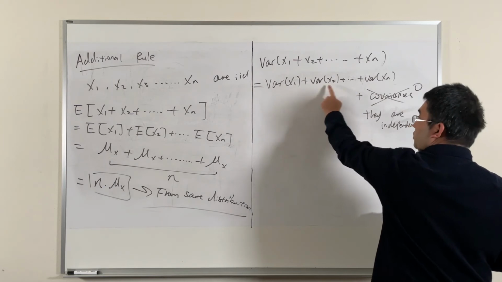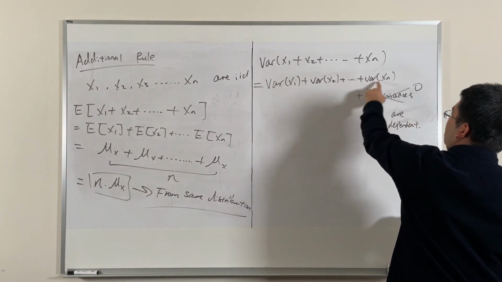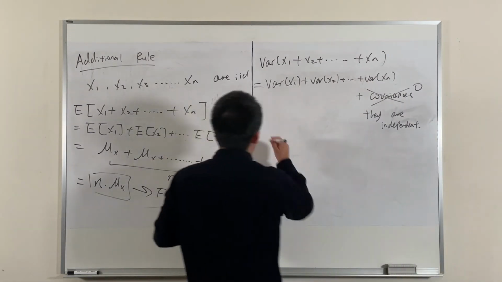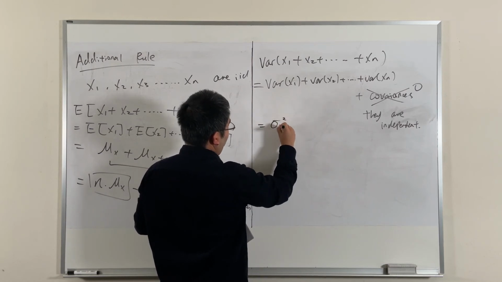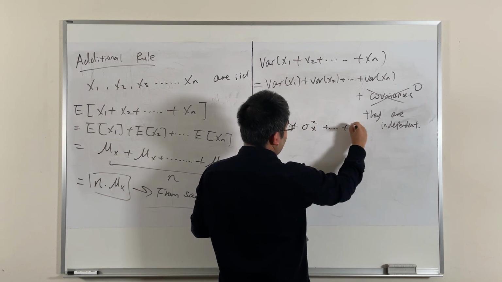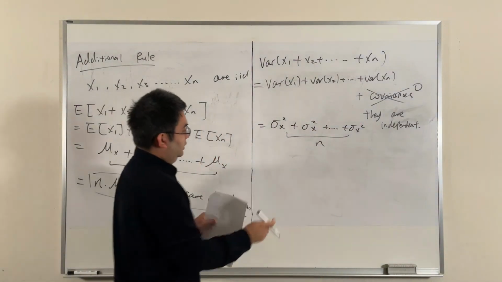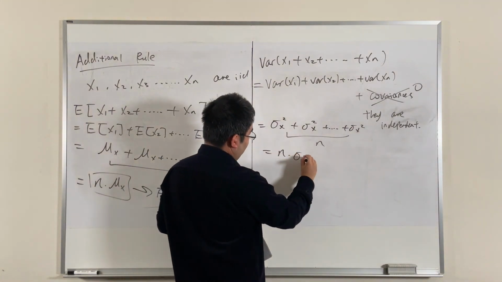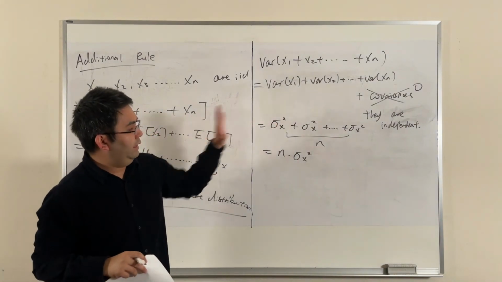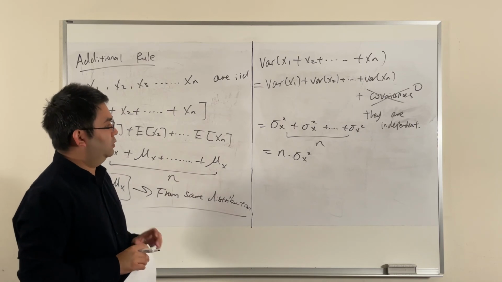And what's special about these? Again, they're from the same distribution. If they're from the same distribution, each single variance is going to be the same. So this equals sigma squared plus sigma squared, and there are n of them. So this just equals n times sigma x squared. That's the variance of all n possible outcomes or n possible draws from the same distribution.